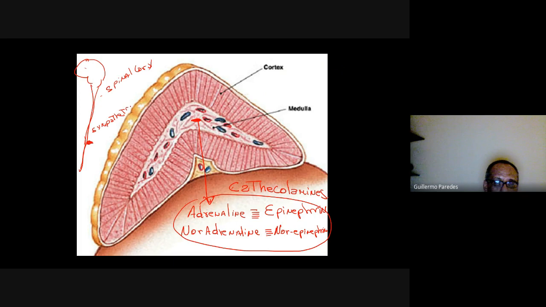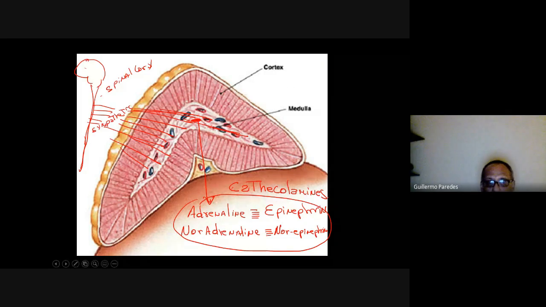Sorry, not from the center, from the terminal here. There are fibers coming from the spinal cord, and some of them are going to go directly to the medulla. And that is how they are going to produce the adrenaline and the noradrenaline, the sympathetic nervous system.